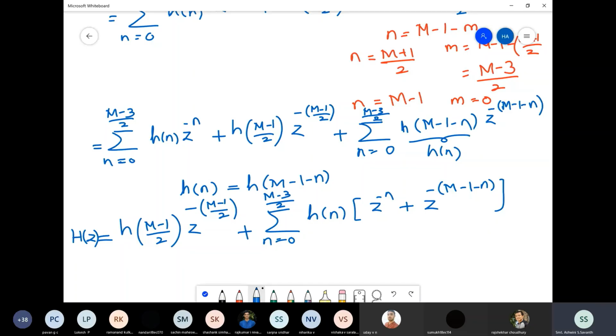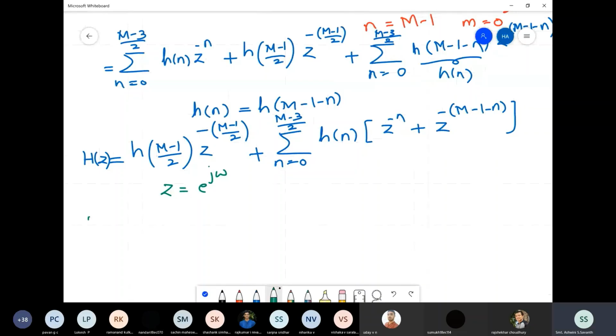Okay. So now we can obtain the frequency response of the system by substituting for z. So what are you going to substitute for z? If you put z equals e power j omega, you're going to get the frequency response of the system, or the DTFT. So let's do that.